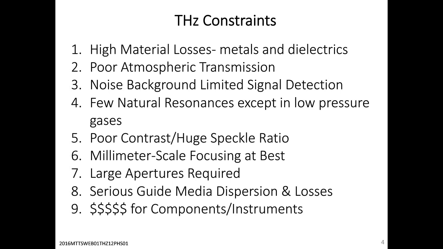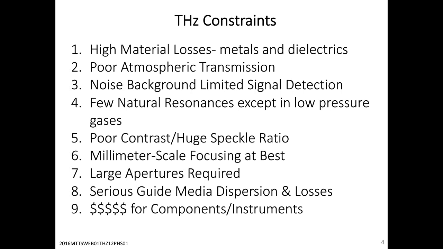The other thing to think about, as I mentioned briefly at the beginning, is the background limited detection sensitivity. Because we're sitting here on the Earth and it's 300 Kelvin background temperature, and we were talking about signal levels that are in the tens to 100 Kelvin range, we are almost always swamped by the noise background around us.